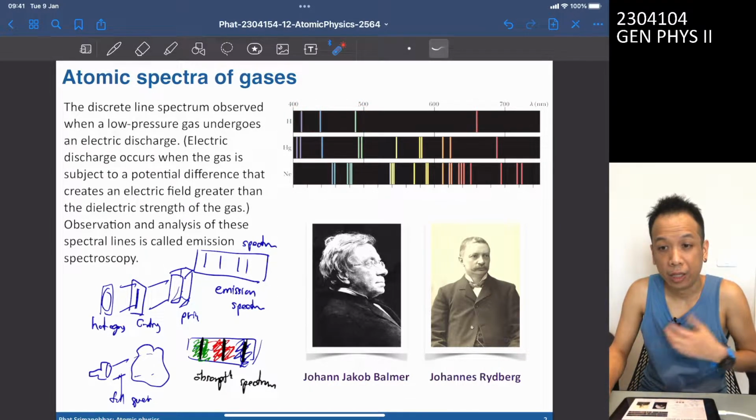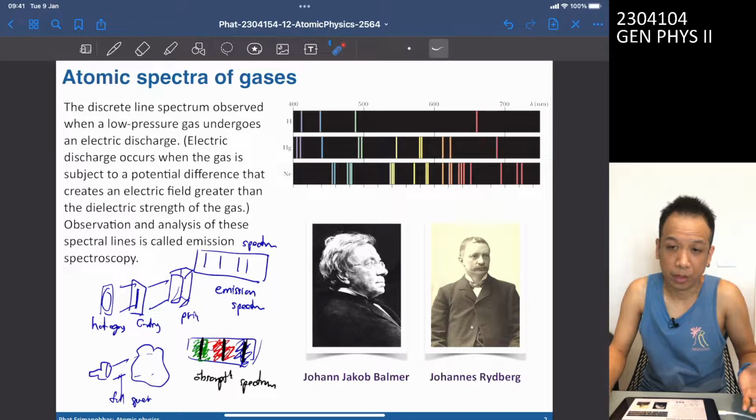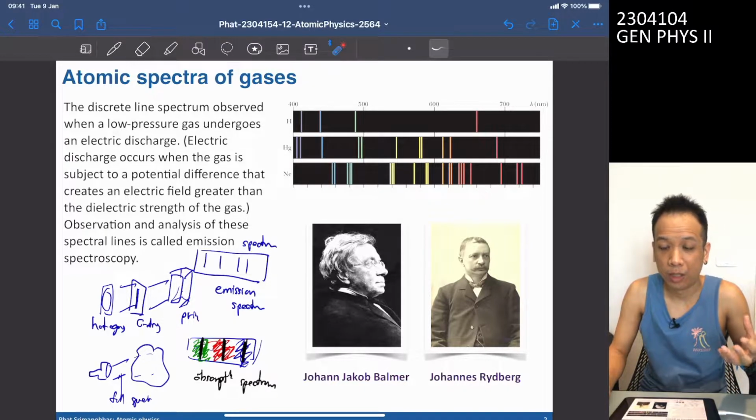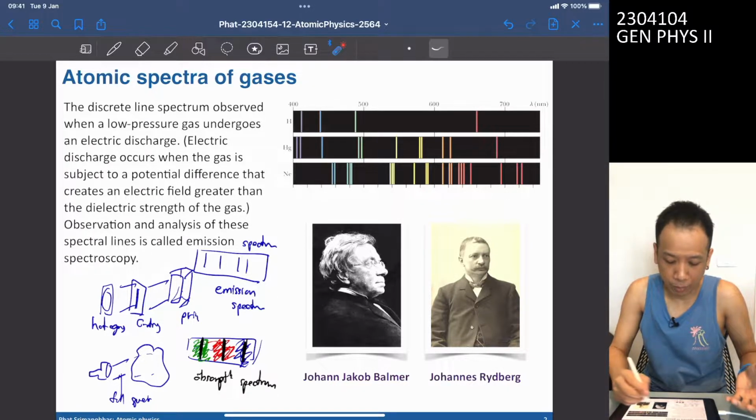How do we explain this? It goes to deep questions: how can we model the atoms properly, so that we can explain hydrogen atoms, and not only hydrogen but also other gases?